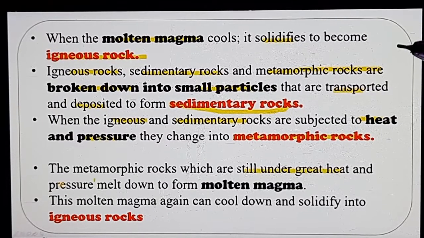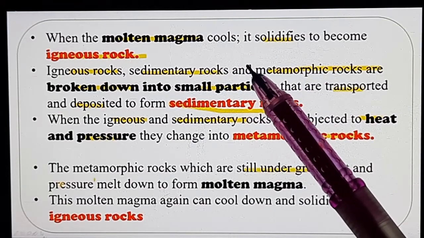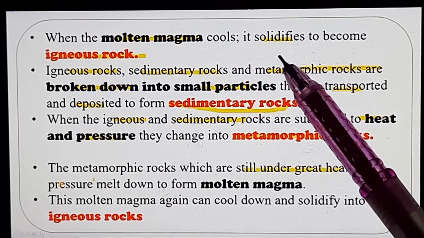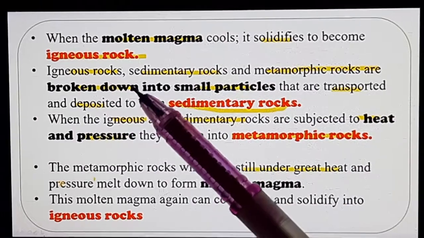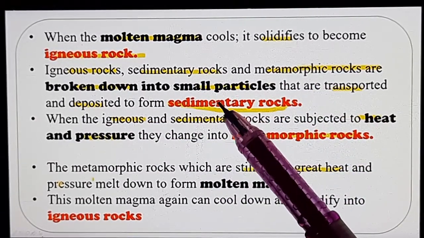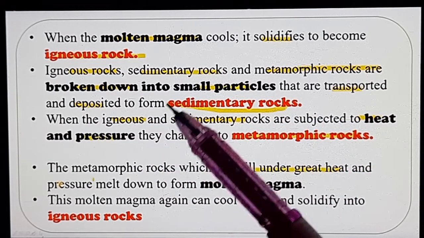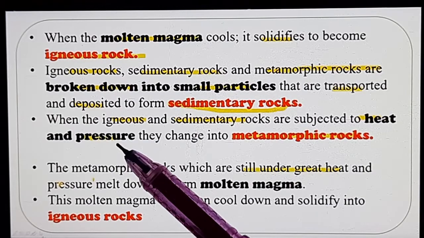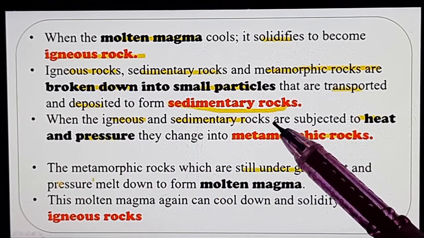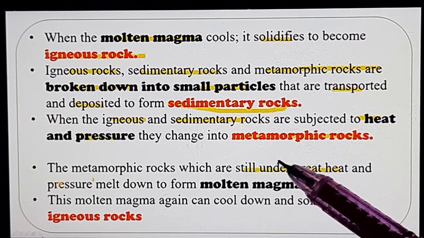So just read this one also. This one is very important also. When the molten magma cools, as we all know, it solidifies to become igneous rock. Then igneous rocks, sedimentary rocks or metamorphic rocks are broken down into small particles that are transported and deposited to form sedimentary rock. Then when the igneous and sedimentary rocks are subjected to heat and pressure, they change into metamorphic rocks.